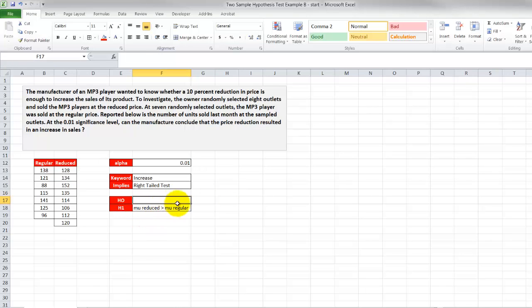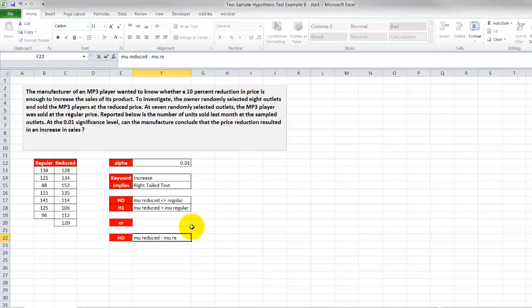If we have this statement, we can write the null: reduced is less than or equal to regular. Or alternatively, we can write this as H0: mu reduced minus mu regular is less than or equal to 0.